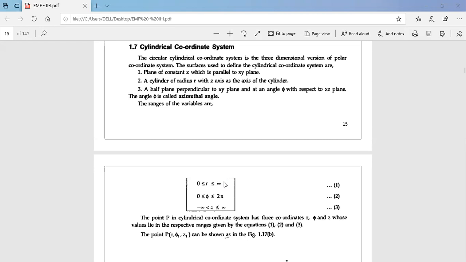So R, the coordinate R, is going from the origin at the bottom of the drum outwards to wherever the outer perimeter of the drum is.